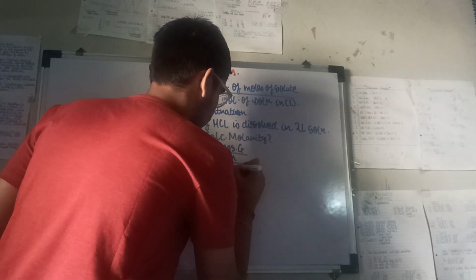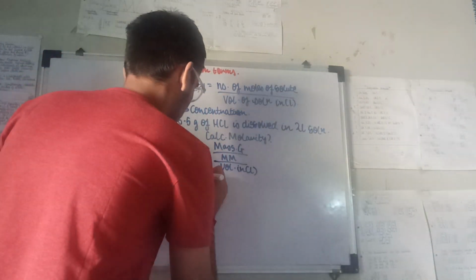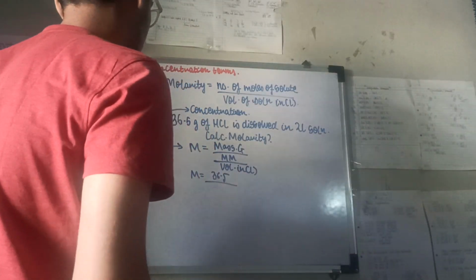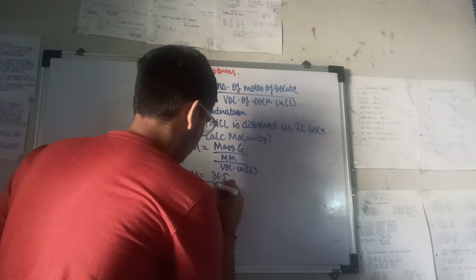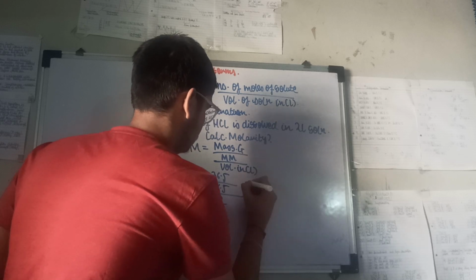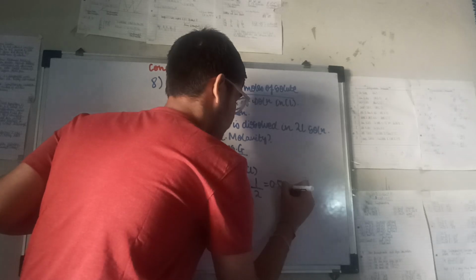You have to pay attention, volume of the solution in liter we want. So M is equal to 36.5 by the molar mass. Calculate the molar mass: 1 plus 35.5, that is 36.5. 36.5 by 2. So 1 by 2 means 0.5 M.